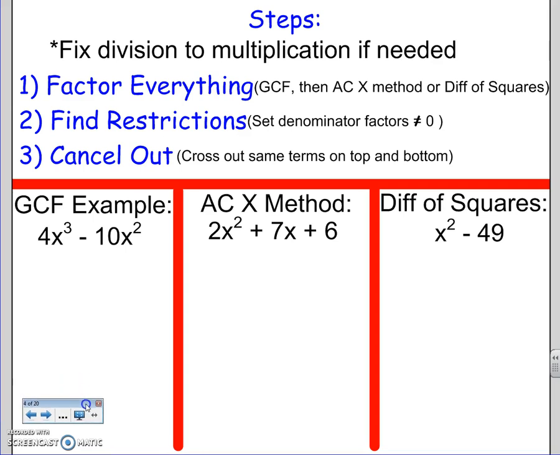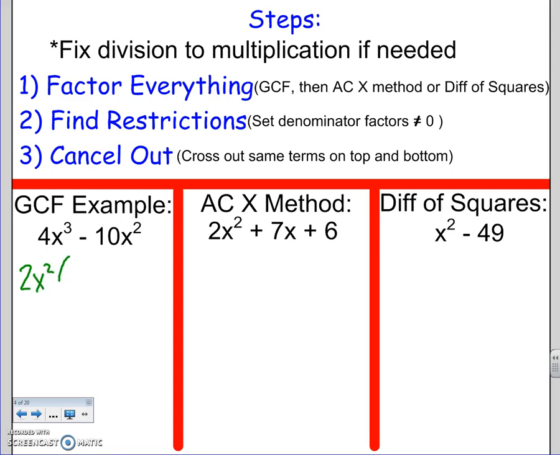So for the bottom, GCF means what's the greatest common factor? What can I take out of all the terms? And sometimes there's a letter, sometimes there's a number, sometimes there's both. So I have 4x cubed minus 10x squared. Well, 4 and 10 are even, so I can take out a 2. Now also the letter x, the variable, is in both of them. X appears 3 times on the left, twice on the right, so I take out x with the lowest exponent shown, squared.